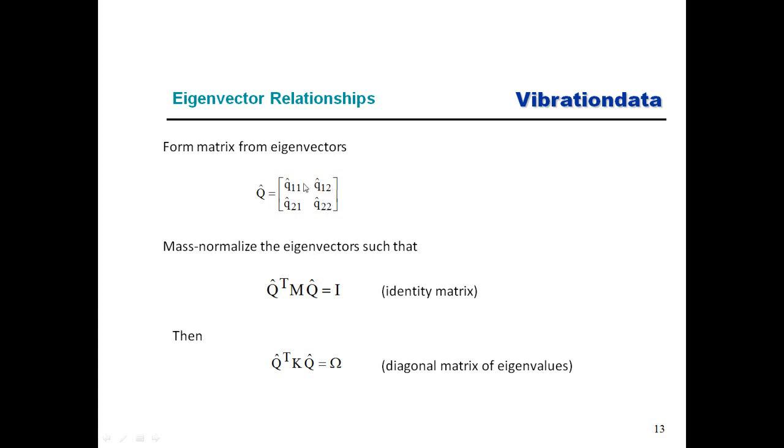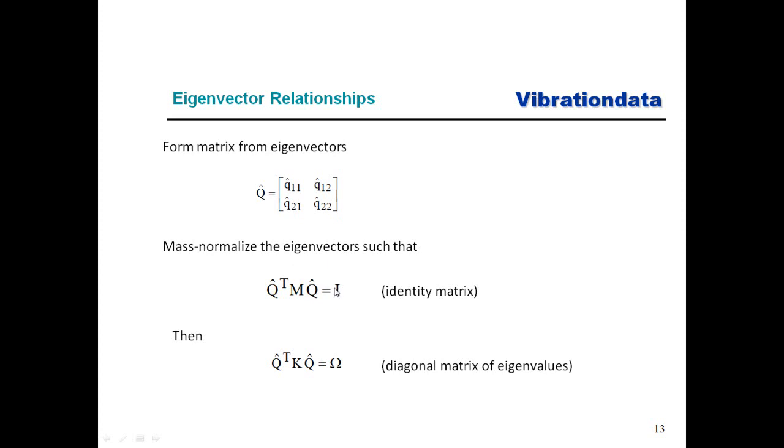And we're going to normalize these eigenvectors. Now there's a unique scale factor for each eigenvector. So we're going to take the transpose of this matrix Q, and then we're going to multiply it times the mass matrix, and we're going to multiply it by this eigenvector matrix, and that's going to come out to be the identity matrix if we've chosen our scale factors properly.